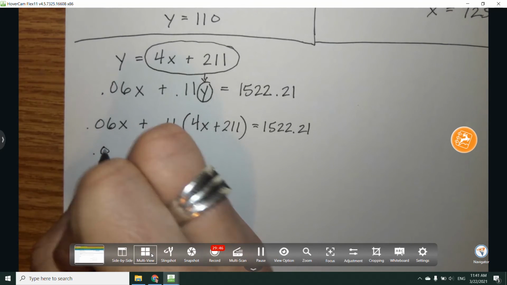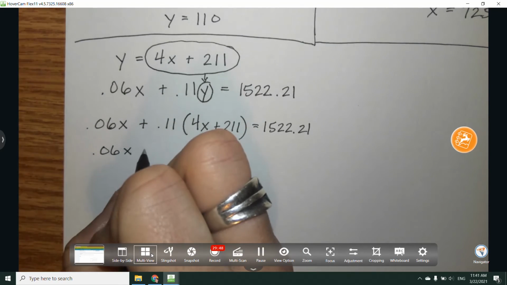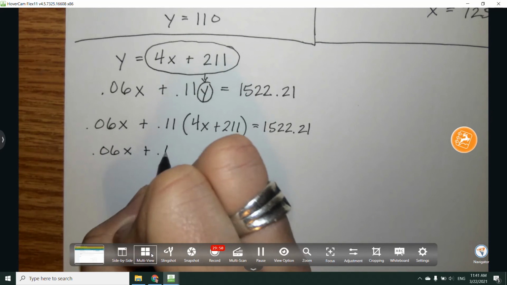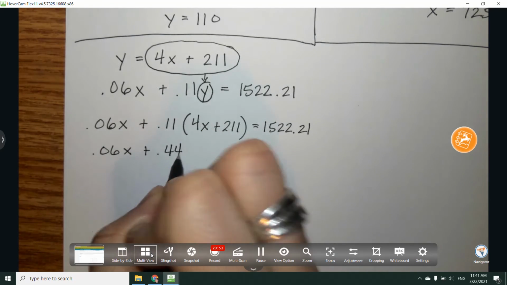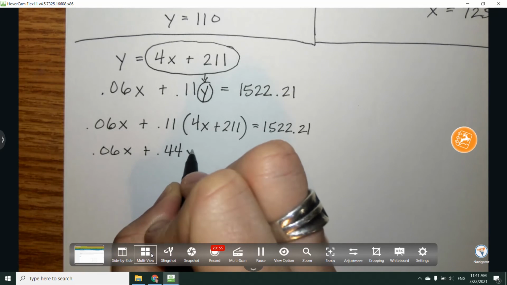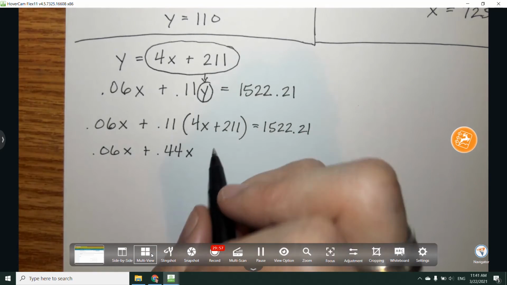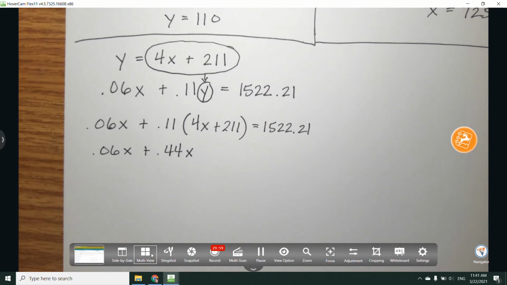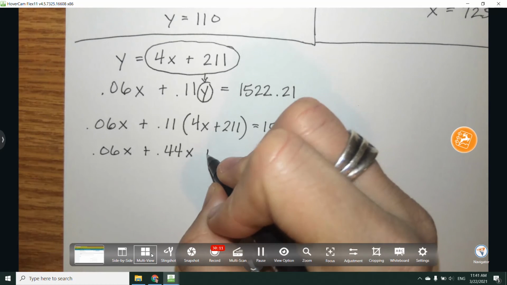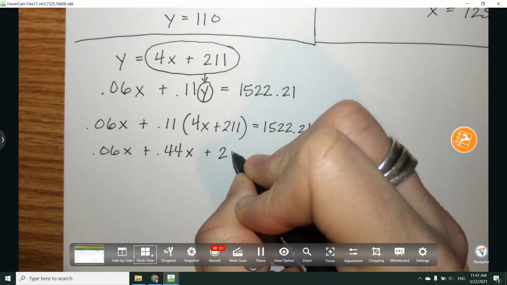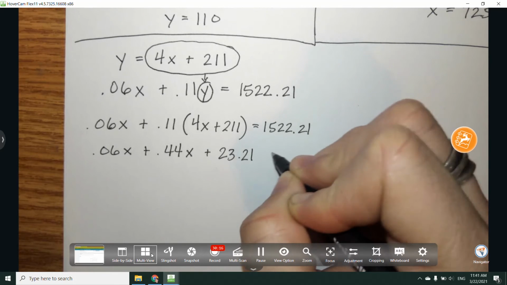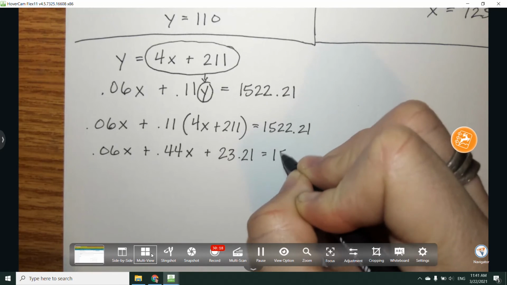So we get 0.06x plus 0.44x. And then we're going to do 211 times 0.11. This is 23.21. This is equal to that 1522.